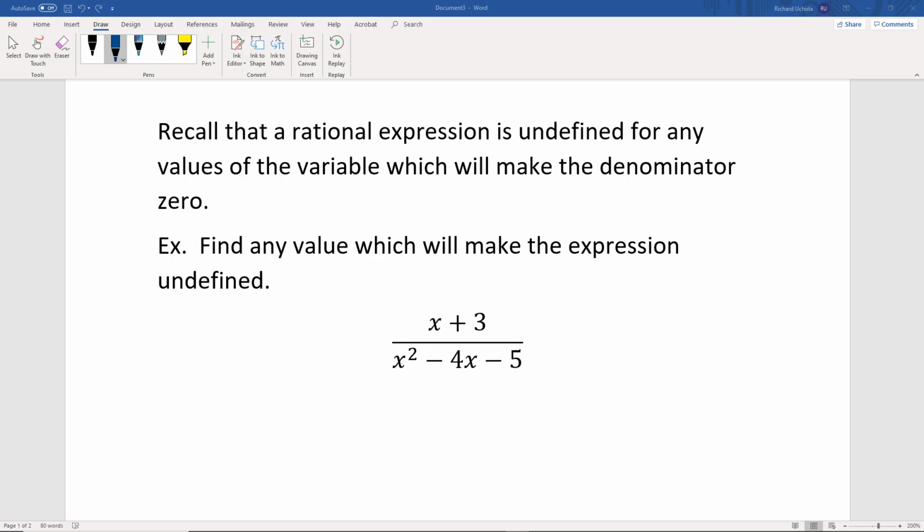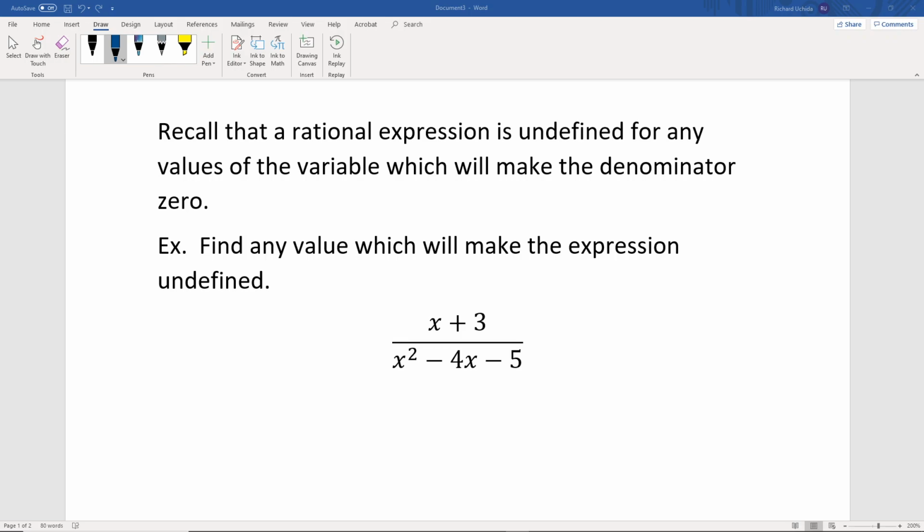So in this case, you're to find any value which will make the following expression undefined, where the expression is x plus 3 over x squared minus 4x minus 5. To find out what values will make the expression undefined means what values will make our denominator 0.